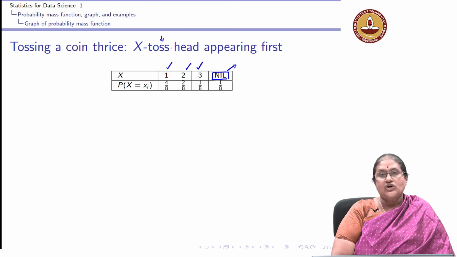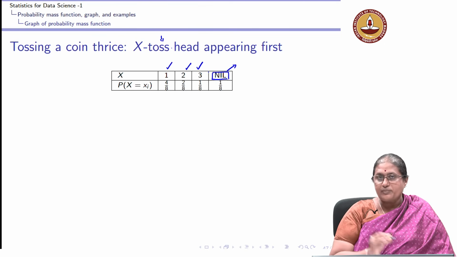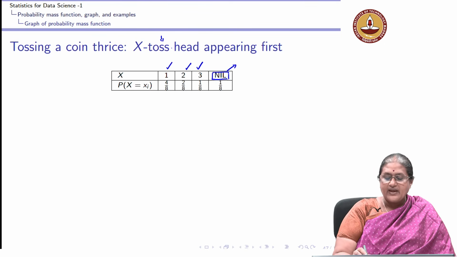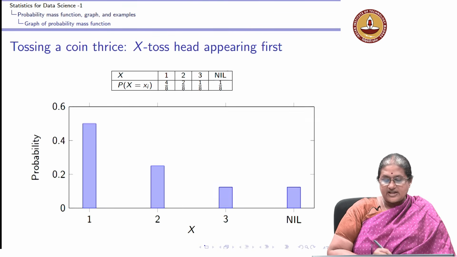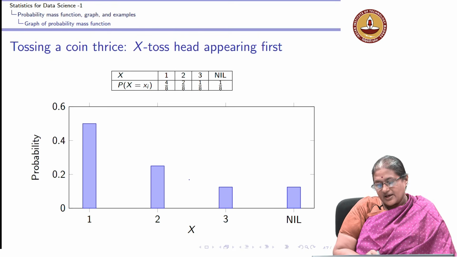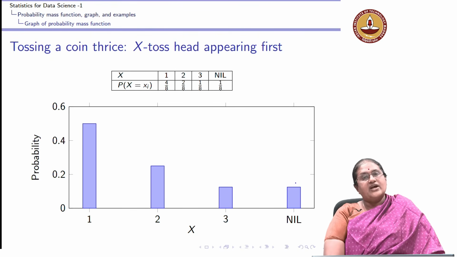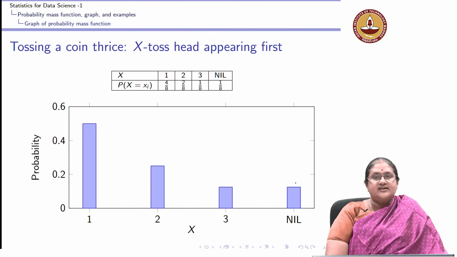Technically, this nil is not a real number. We should map this nil to a real number. We also mentioned this earlier, but I am just going to retain the nil now, and then you can see that the distribution of this random variable again exhibits some sort of skewness, as we have already discussed earlier.